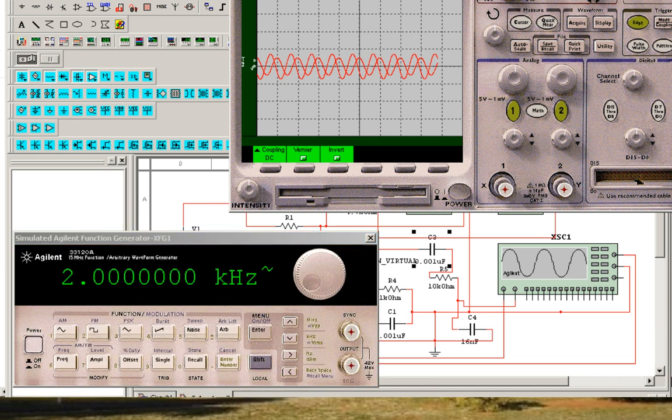Alright, well I changed it from a 10 microfarad to a 0.001.